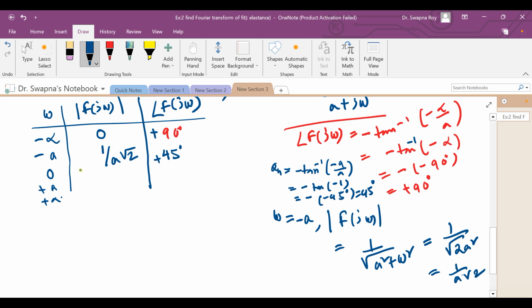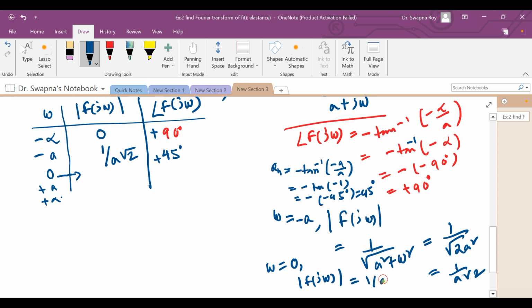Now when omega is equal to 0, the magnitude of F(j omega) is equal to 1 upon the square root of a squared.